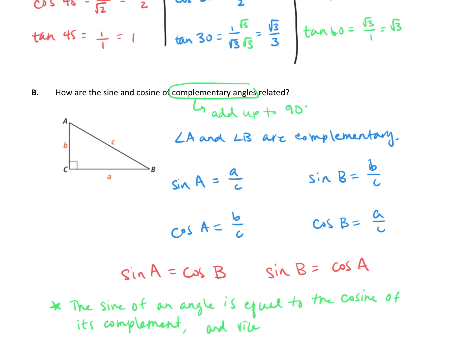And vice versa, the cosine of an angle is equal to the sine of its complement.